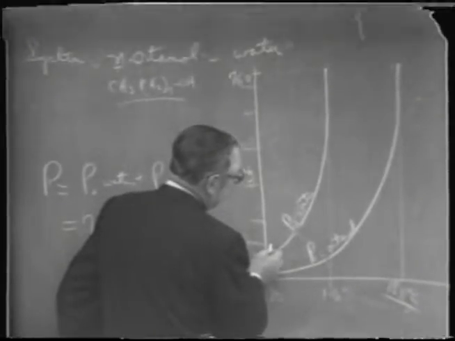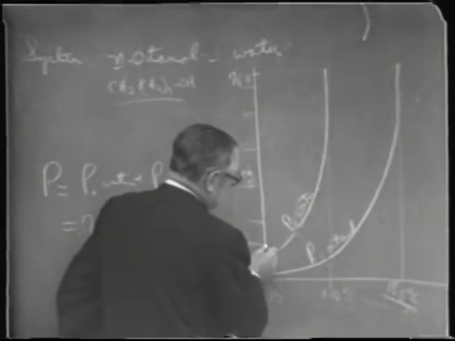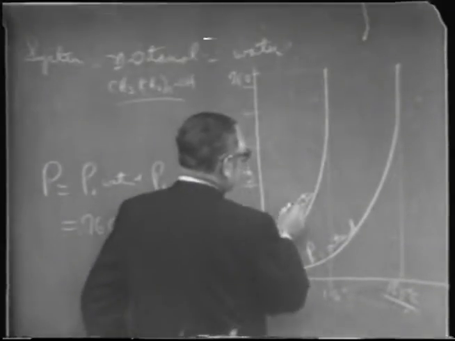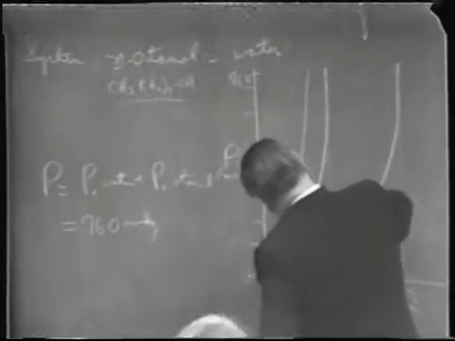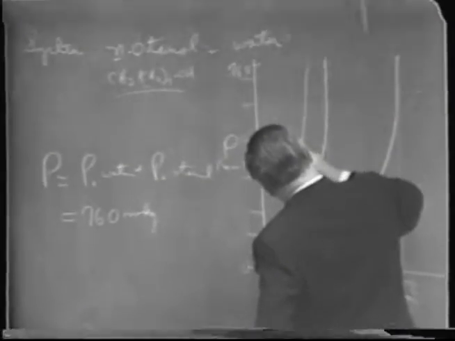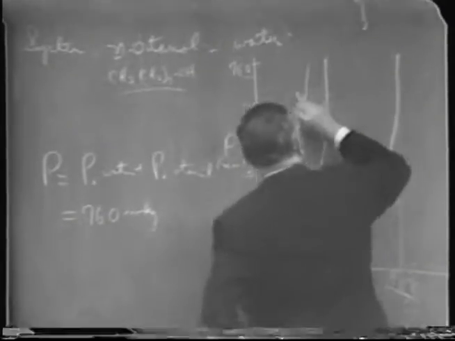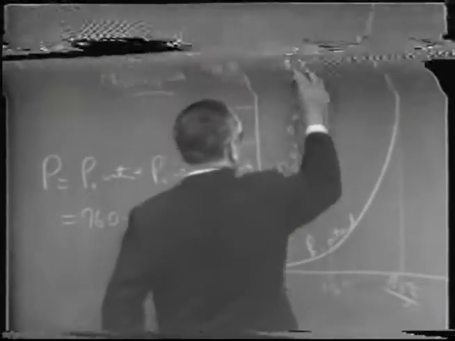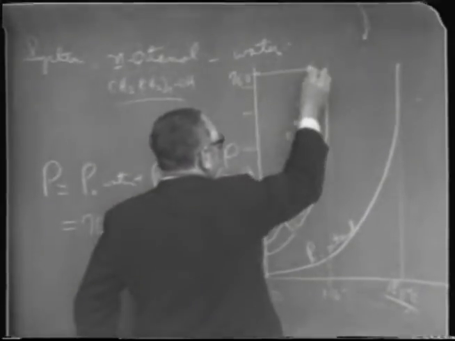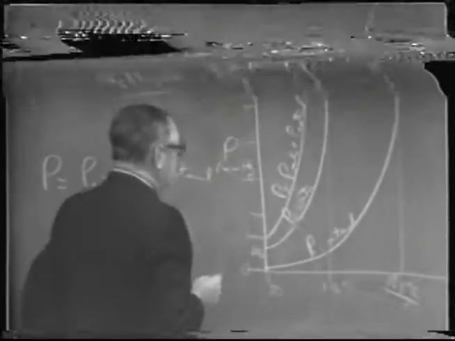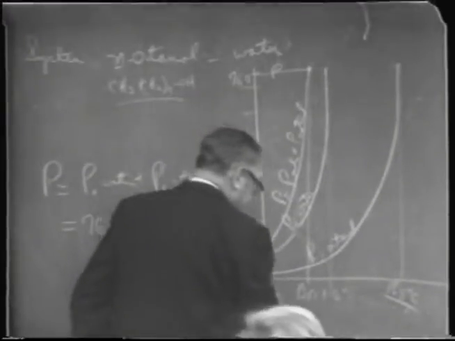So in effect, this is a really exaggerated case, but it'd be up above here some way. And this would be the total pressure. Total pressure equals the vapor pressure of the water plus the vapor pressure of octanol. And so the point at which the sum of the pressures equals the desired total pressure would be the boiling point. So this would be the boiling point of the mixture, of the azeotrope.